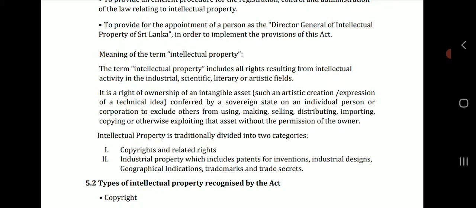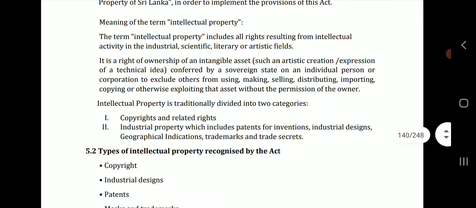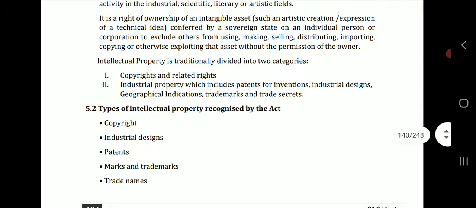Unfortunately, when that happens, either you have to buy it from them if they're willing to sell it to you, or you have to change the background, or maybe the logo or the codes, whatever is relating to the field. Maybe find a new one. So, rights of ownership over intangible assets, artistic creation, and expression of technical ideas are conferred by the sovereign state on an individual person or corporation, and exclude others from making, selling, distributing, importing, copying, or otherwise exploiting the asset without the permission of the owner.